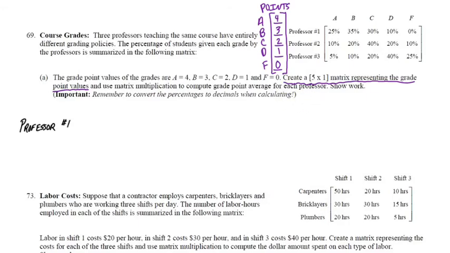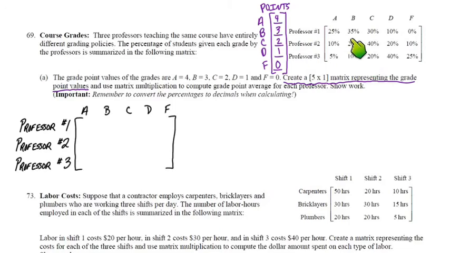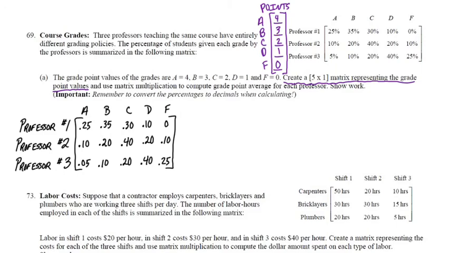So I'm going to copy down this matrix again because that's going to be our first matrix. Professor 1 has good grades across the board for the most part. Professor 2, not quite as good, but okay. And Professor 3 seems to be a rough grader for sure. So there's the matrix for my professors and their distribution of grades, times the little 5x1 matrix I just came up with.